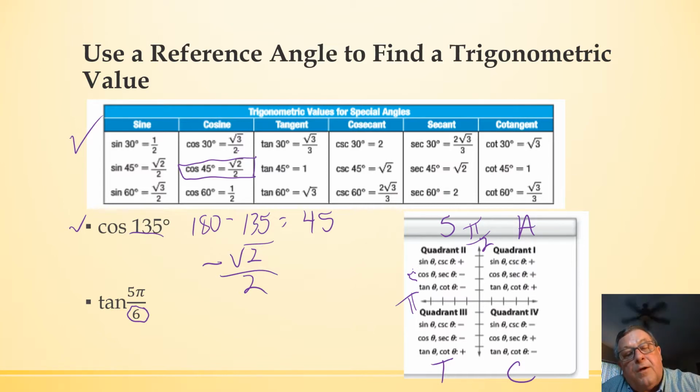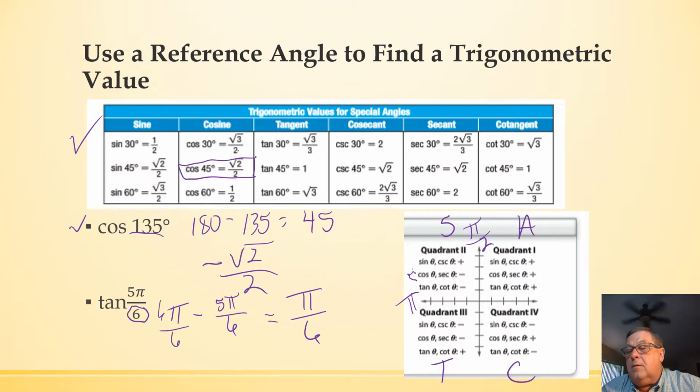Now, just for fun, let's say we got pi. Our reference angle is pi minus 5 pi over 6, where pi is the same as 6 pi over 6. So our reference angle is pi over 6.